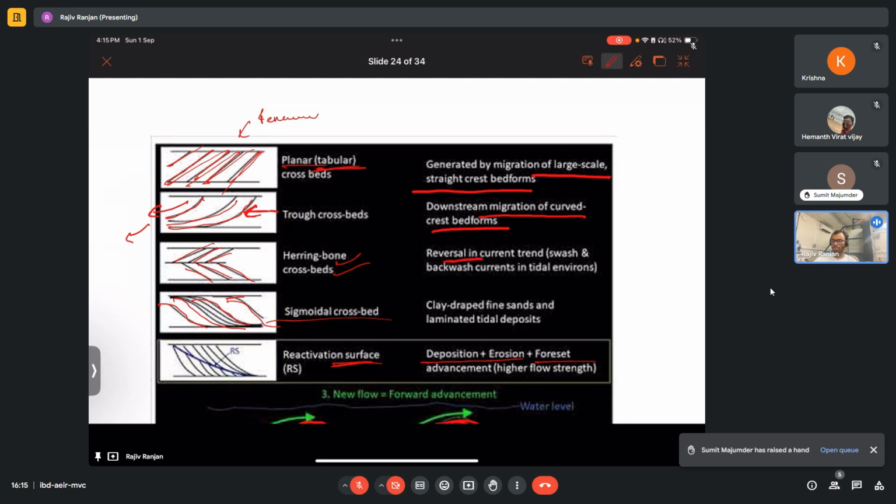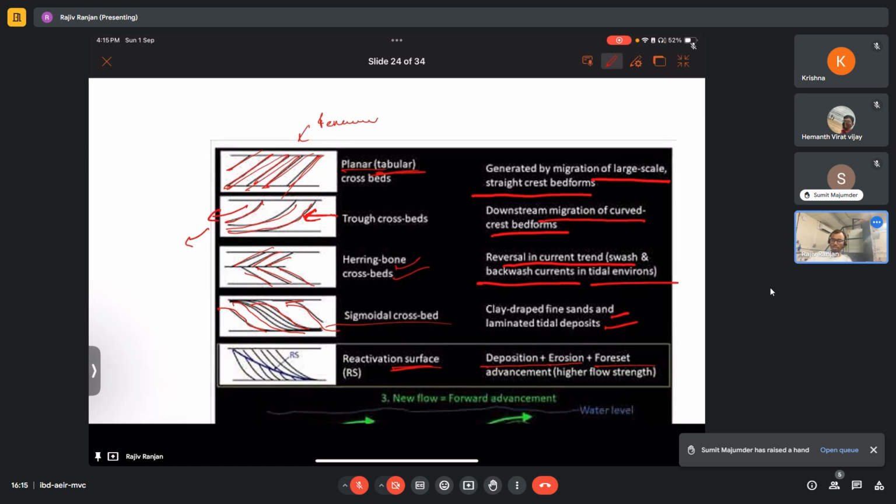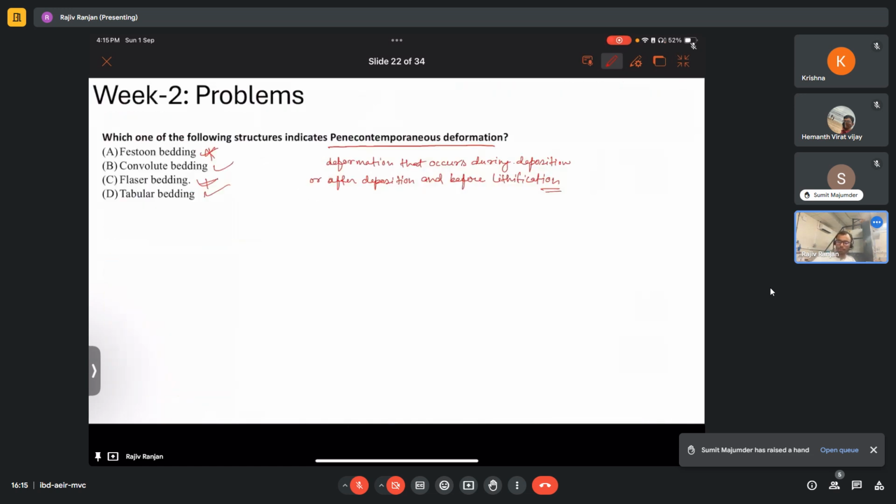Herringbone forms due to reversal in current direction, swash and backswash currents in tidal environments. For some time the direction flows like this, and for another period the direction changes to just the opposite. Sigmoidal forms due to clay-draped fine sands and laminated tidal sands. So with this you can understand that only convolute structures or convolute beds are an example of penecontemporaneous structures, not flaser, not tabular, not festoon.